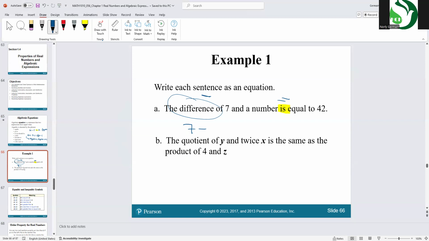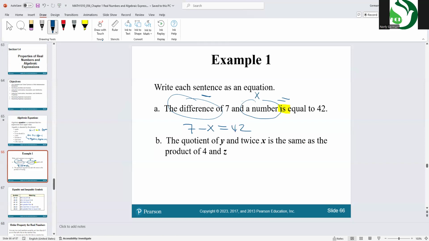We don't know. Anytime they say a number, you can represent it by a variable. We already covered variables. A variable is a value that we don't know. So we can call it x, you can call it a, y, z, w. They said the difference of 7 and a number, the number we don't know, is, means equals 42.